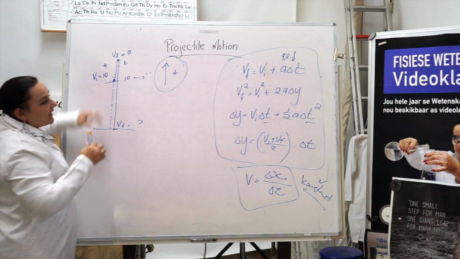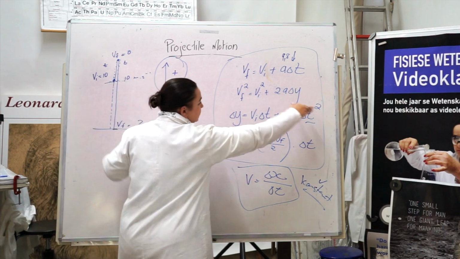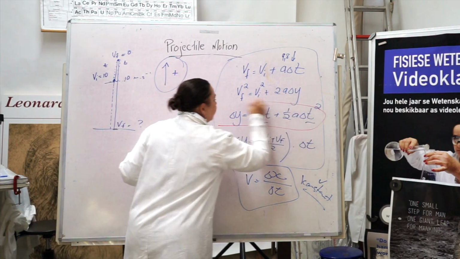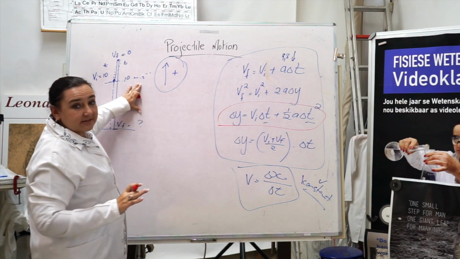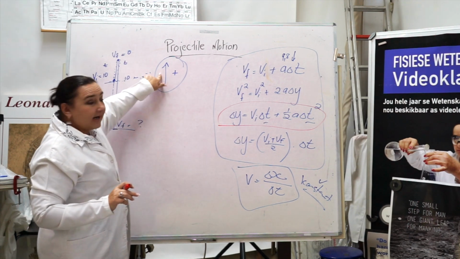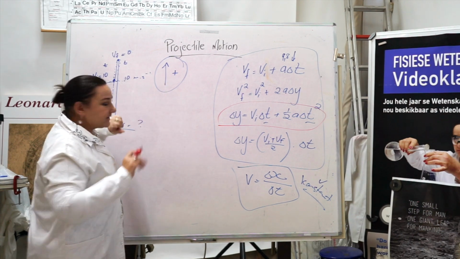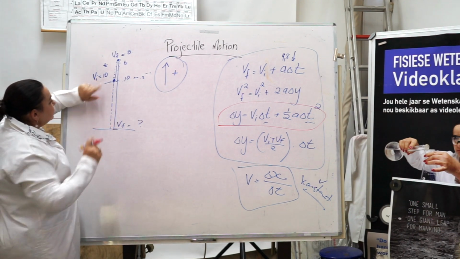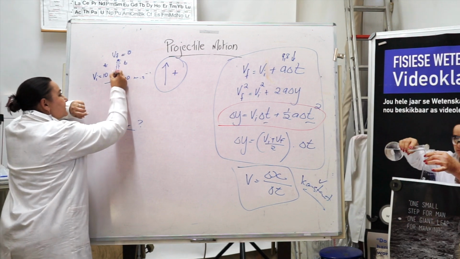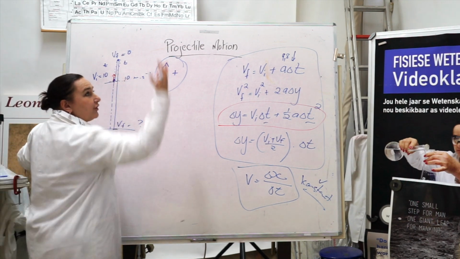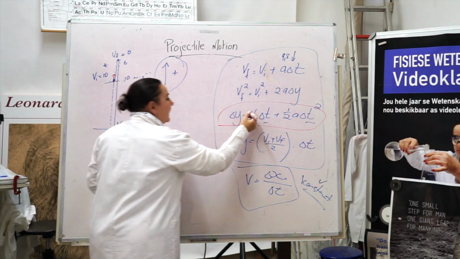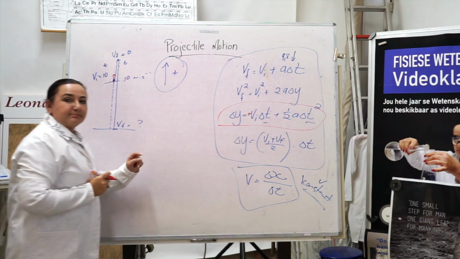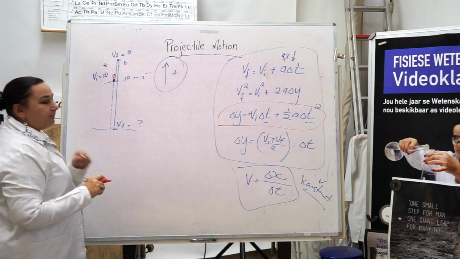So let's say I just start with this formula here. I'm not even going to say what the question is, but I'm going to use that formula, and this is the scenario. But I selected up as my positive. Then that means that my initial velocity, because it is being thrown upwards, will be positive. So yes, I have an initial there as positive. Time, no problem.